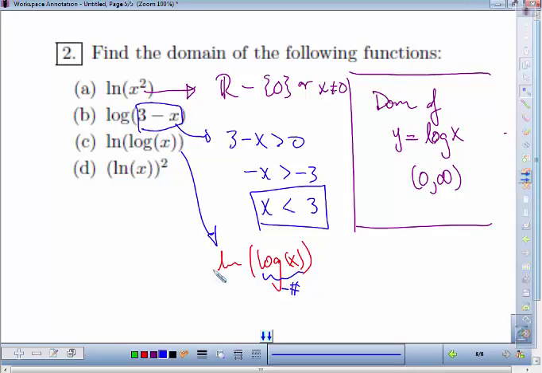No, log 10 is 1. So what we want to say here is that log of x has to be bigger than 0 for it to work for the ln, and log of x is bigger than 0 when x is bigger than 1.